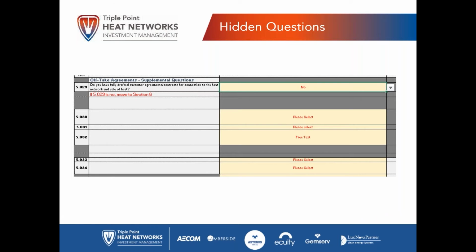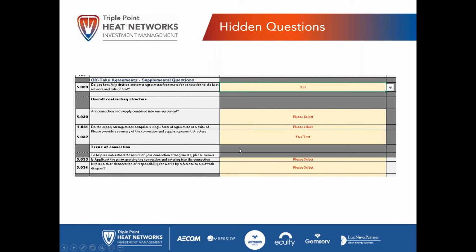There are also a number of hidden questions throughout the form. There are some questions that won't be relevant to you for whatever reason, based on the type of scheme that you have or the way you answer specific questions. So for example here, if you respond no to the question about offtake agreements, you will just need to scroll down to the next available question.